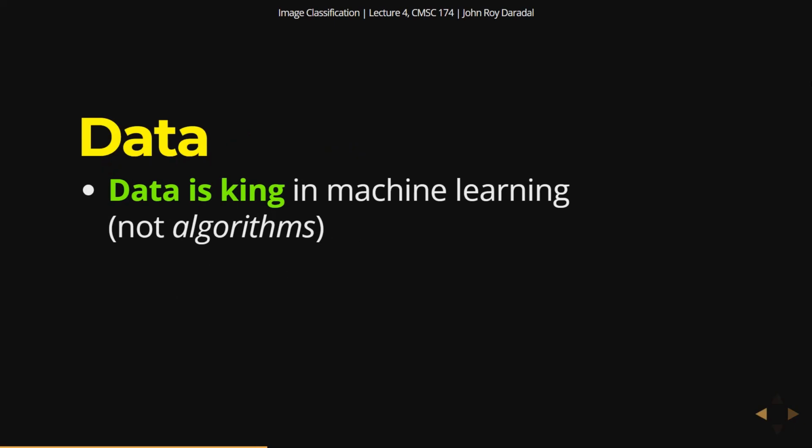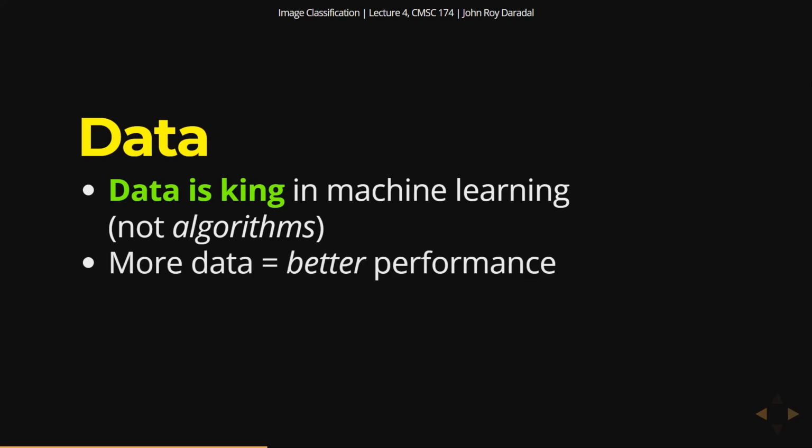Okay, so data is the most important thing in machine learning, and it's not the algorithms. So no matter how good your algorithms are, if your data is terrible, then your classifier will also not do as well. Okay, so more data usually translates to better performance. Like if you have a lot of data, then your training would be generally better because you have a lot of data points to learn from.